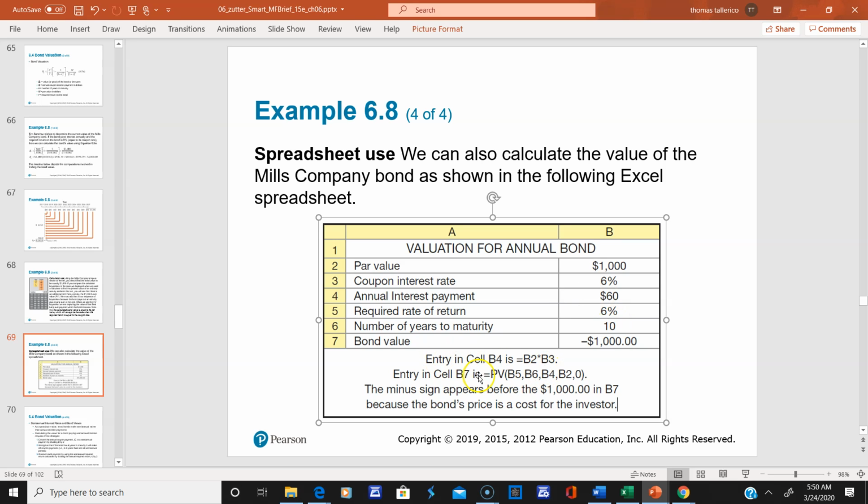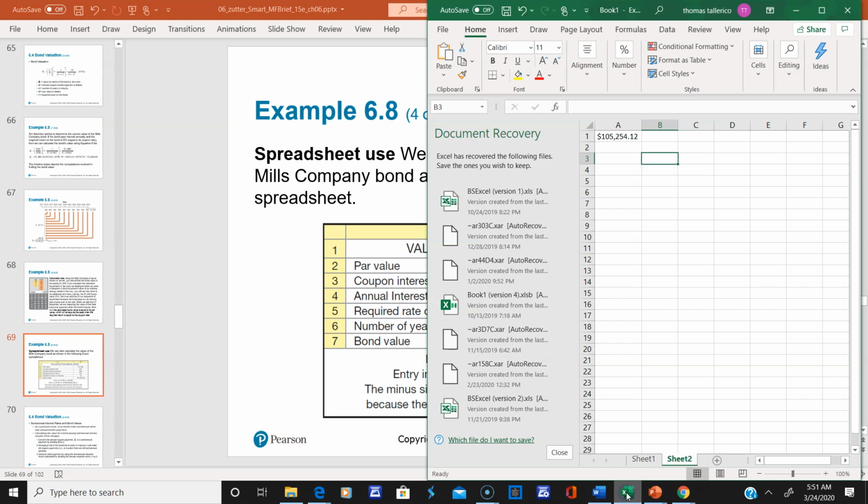So here's the equation you would put in Excel. You don't put the 6%. You put the $60 in Excel, and you put the required return in Excel, and you just follow this pattern right here, okay? And if anybody wants me to show them examples of how to price a bond in Excel, which I'll do, just basically ask me, all right?